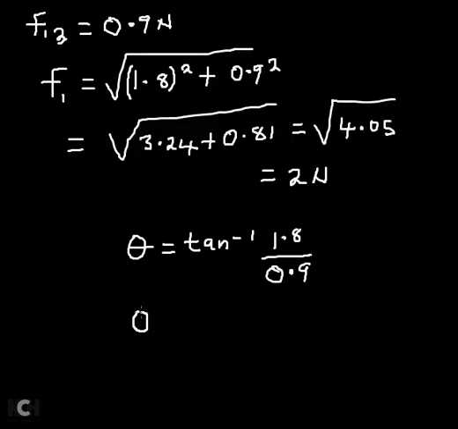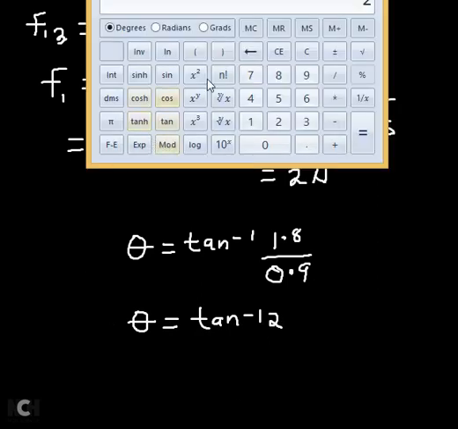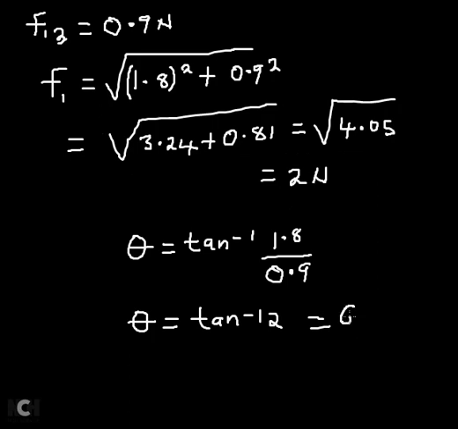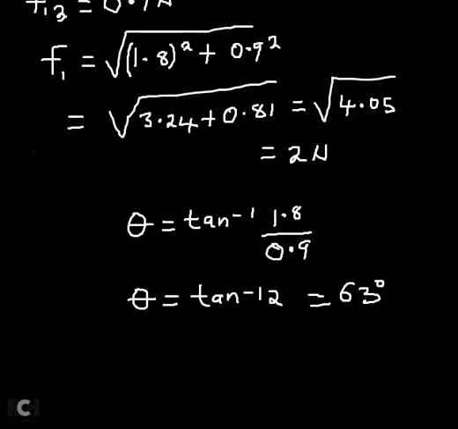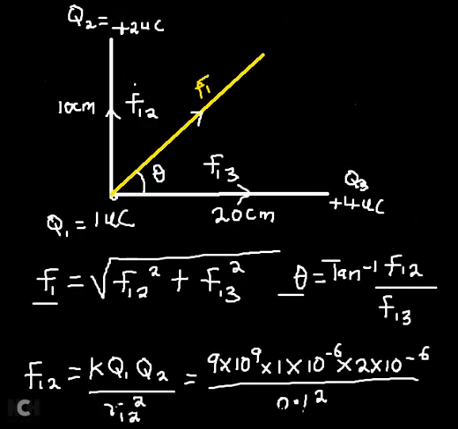So I'll end up having theta equal to the tan inverse of 2. Let's see what we got. Approximately 63 degrees. Okay. So that is how we apply the principle of superposition.